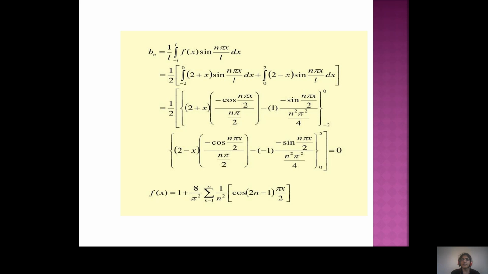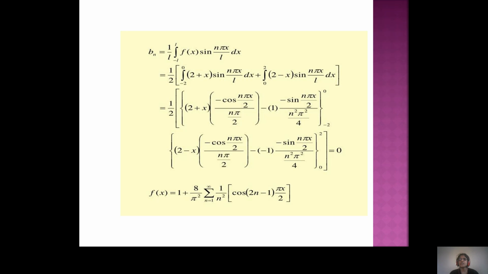So for this problem also, when you have to get the Fourier series, you have to find the a0 value, an value and bn value. For a0 it is f of x dx. For an, you take f of x in terms of cos. When you have to find bn, f of x in terms of sine.